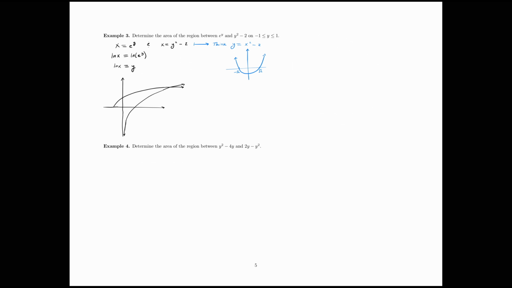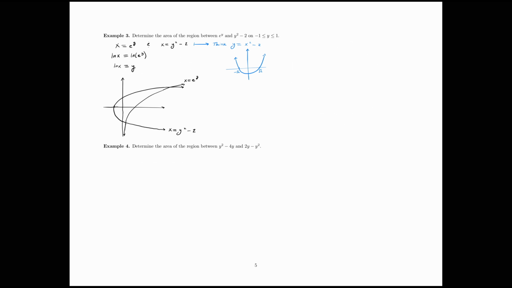Okay. Try my best to make this as symmetric as possible, but you know, it's not always easy. Yeah, that's about as good as it's going to get. There we go. Okay, so this was x equals e to the y, and this curve here was x equals y squared minus 2.